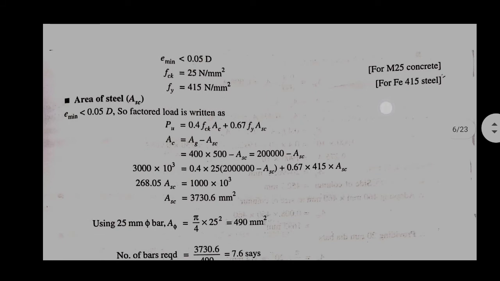Now E minimum is less than 0.05 D, which satisfies the consideration as per IS code. fck is 25 Newton per millimeter square for M25 concrete and fy is 415 Newton per millimeter square for Fe 415 steel.